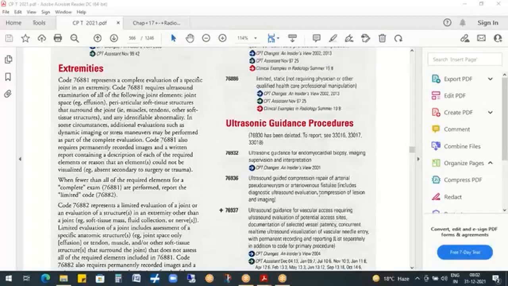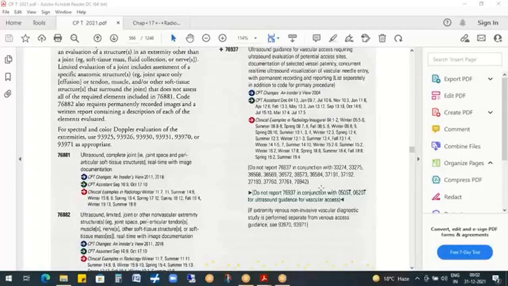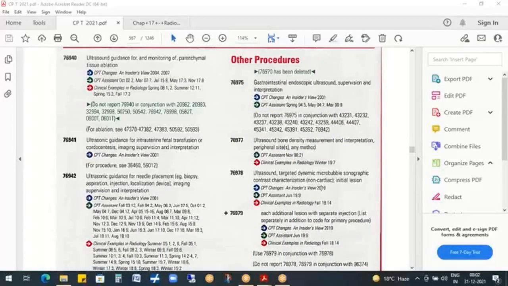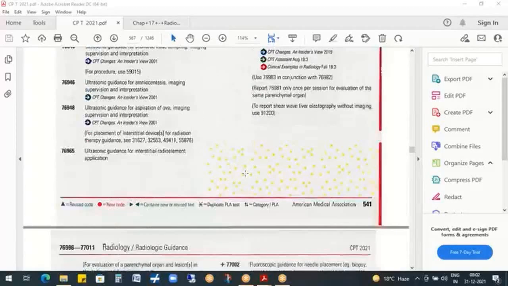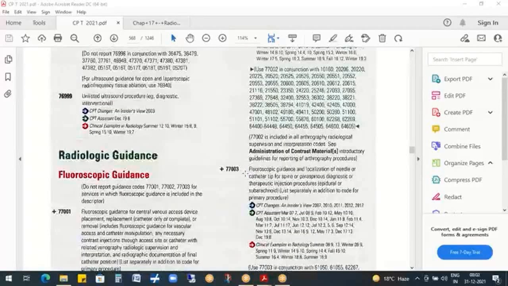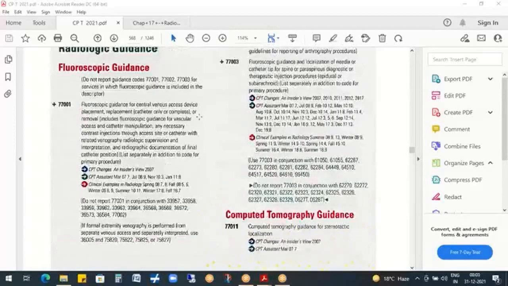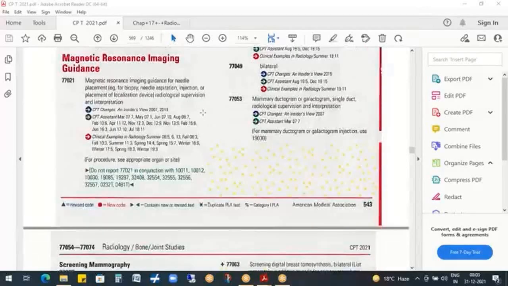Ultrasonic guidance procedures start. You can see the first one 76937, 76942. Those are the codes for ultrasound guidance. Next you can see the same page number 542. Radiological guidance is there. Under radiological guidance you can see fluoroscopic guidance. These are add-on codes. Computed tomography guidance, magnetic resonance guidance. There are 3 types of guidance.